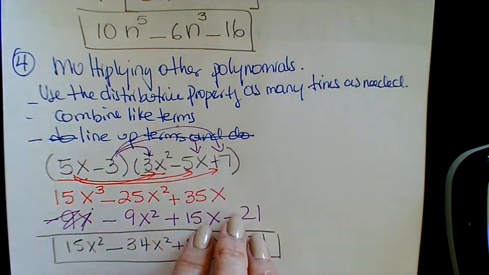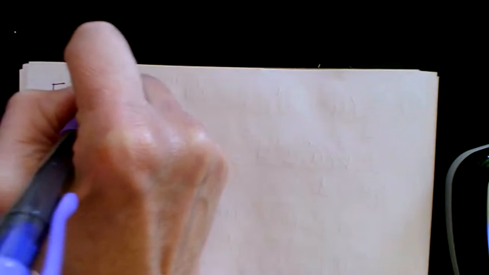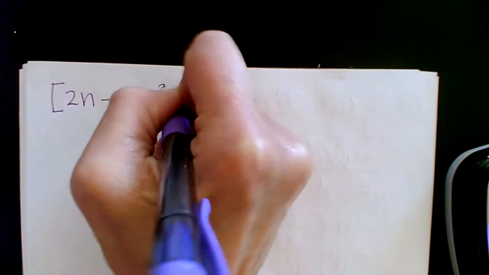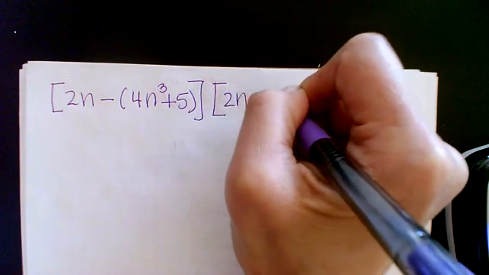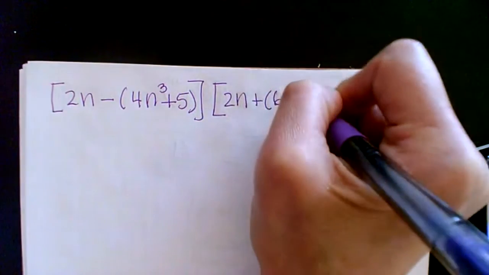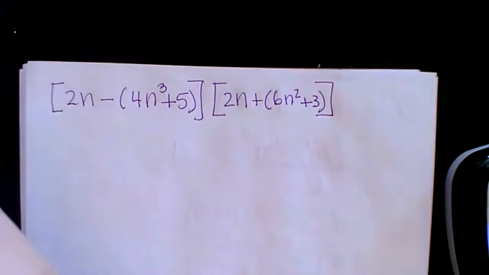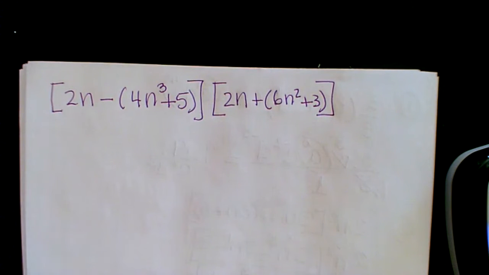This one would be 2n minus 4n to the third power plus 5 multiplied by 2n plus 6n squared plus 3. So let's do it.